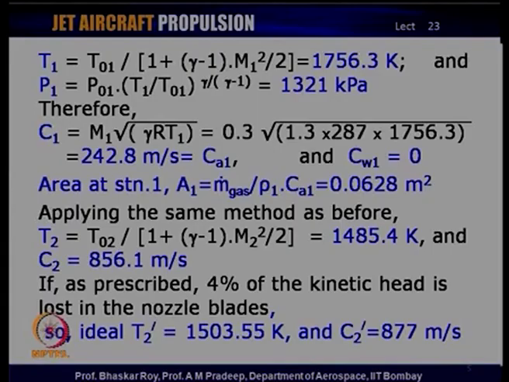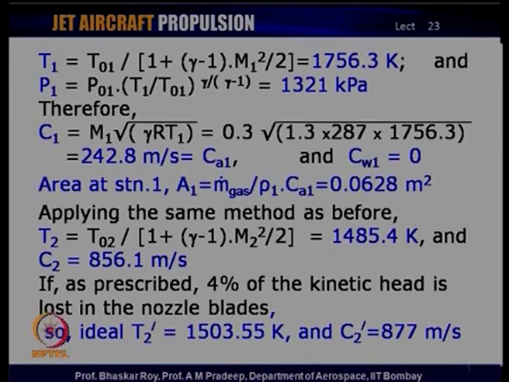You would notice that you would have to calculate the density rho 1 corresponding to T 1 and P 1 that we have just calculated. So, if you calculate rho 1 and plug in that value here, you would get an area that is 0.0628 meter square at station 1, that is at entry to the turbine stator nozzle blade.